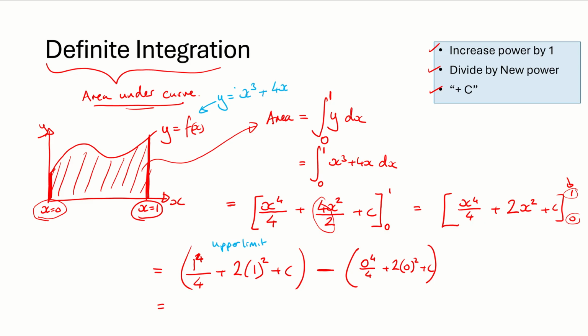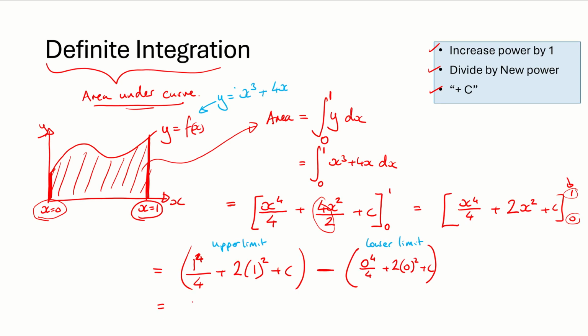Let's have a look at tidying up the first one. So this is with the lower limits. All right, so let's tidy up our brackets. 1 squared is 1, so if you put that in your calculator, we'll have 1 over 4 plus 2 plus c.